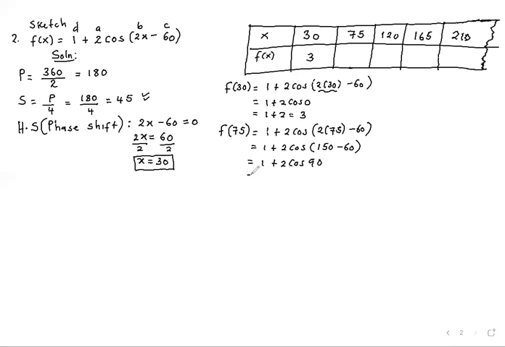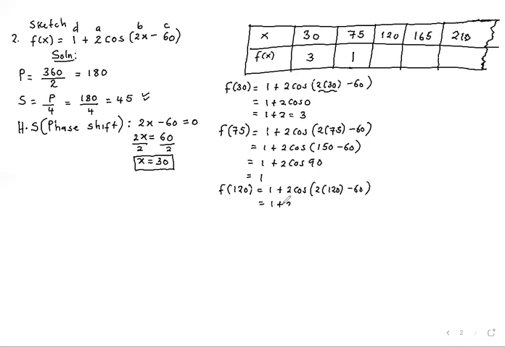Cos 90 is 0, so we get 1. And then we go to f of 120. That is 1 plus 2 cos (2 by 120 minus 60).